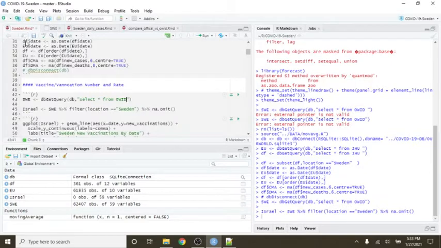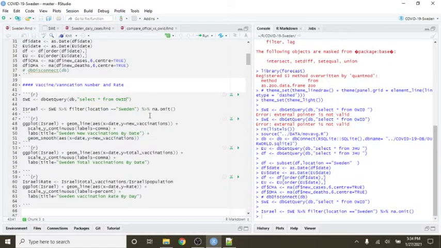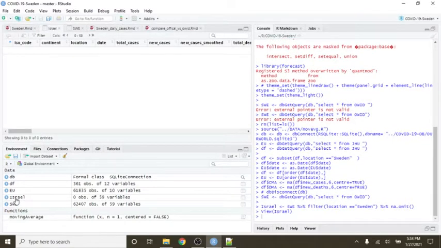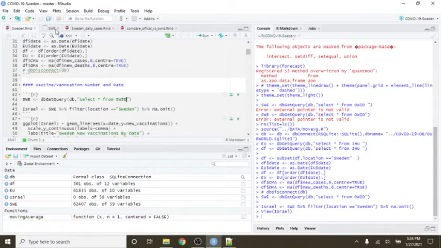Okay, so let's come back over here now. Now we got this. Except what I'm really looking for is Israel. How come Israel's not working?